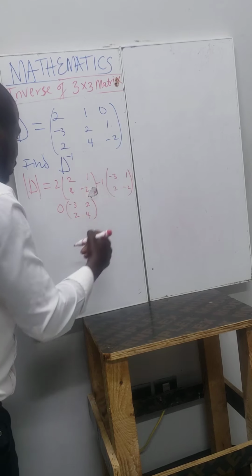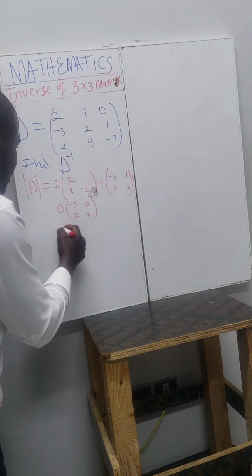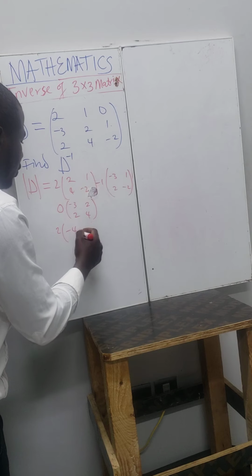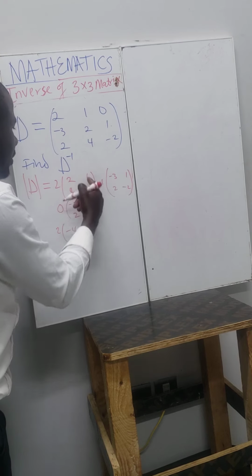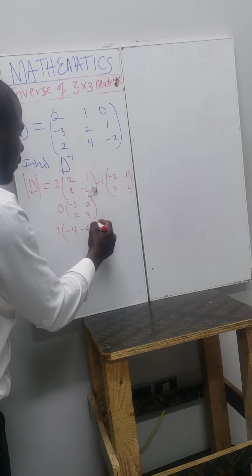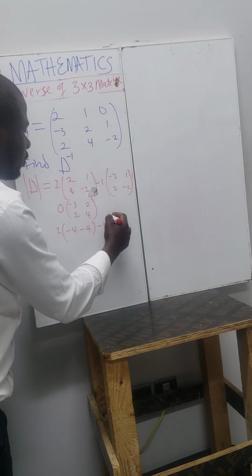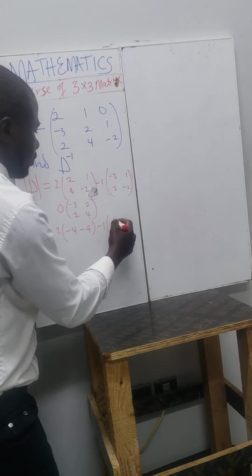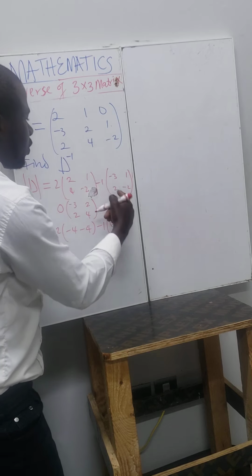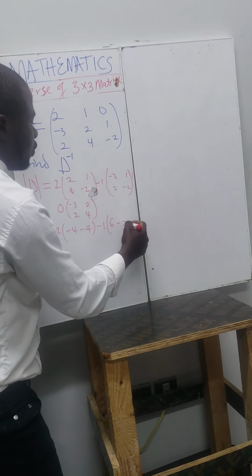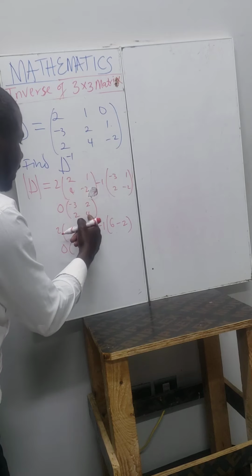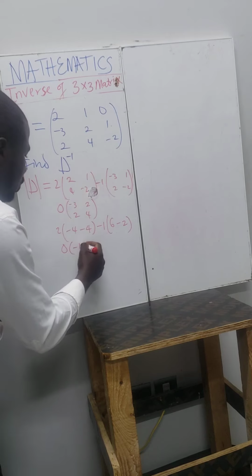Let us now do the determinant. We have 2 multiplied by minus 2 is minus 4. Minus 4 multiplied by 1 is minus 4. Minus 1 here, we take it out. Minus 3 multiplied by minus 2 is plus 6. Then minus 2 multiplied by 1 is minus 2. Then you take 0 out here. Minus 3 times 4, that is minus 12.